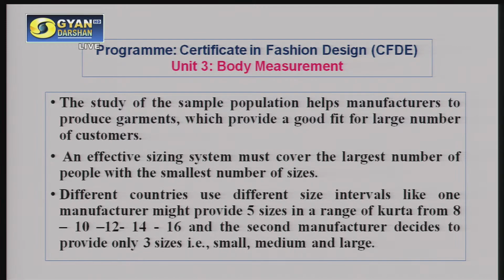The study of the sample population helps the manufacturer produce garments which provide a good fit for a large number of customers. An effective sizing system must cover the largest number of people with the smallest number of sizes. From the maximum to the minimum, we have all the sizes.